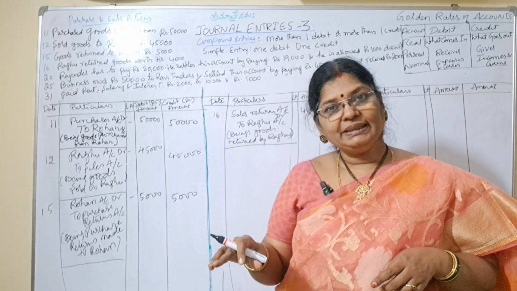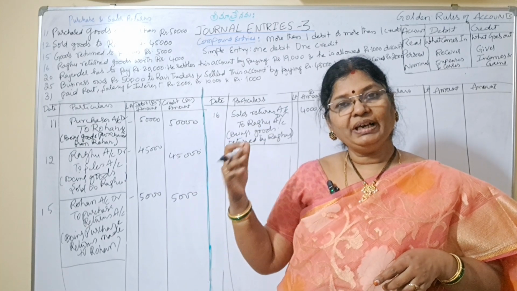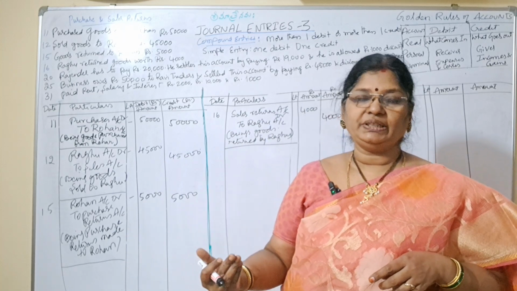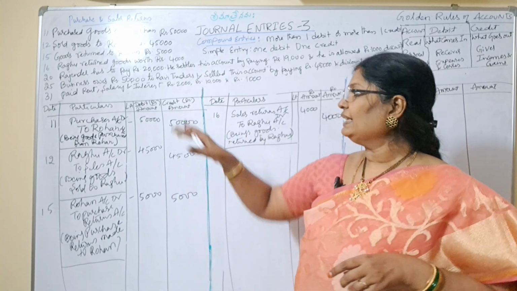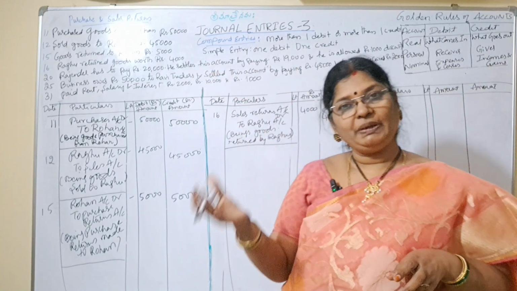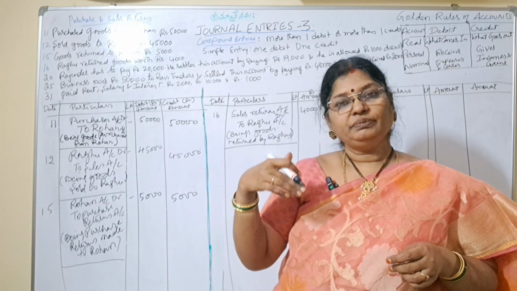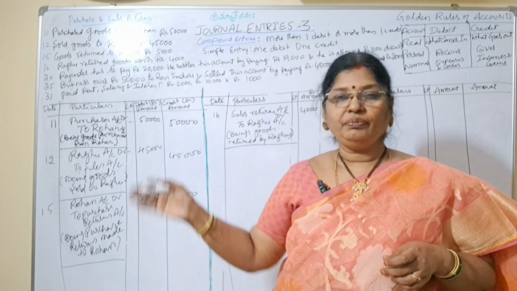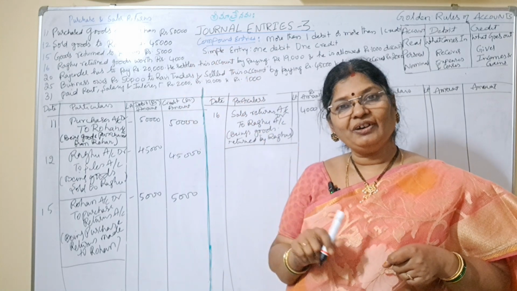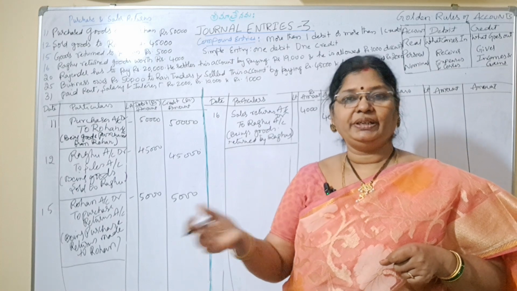It is implied that we are giving him that amount as discount, because we want to get payment from Rajendra. That is why we want to settle his account. So out of 20,000, Rajendra is paying only 19,000. The remaining 1,000 we are giving him as discount. So what is this discount called here? Discount allowed.